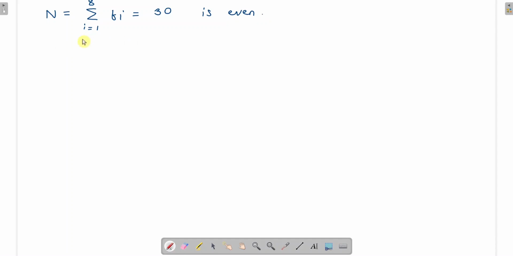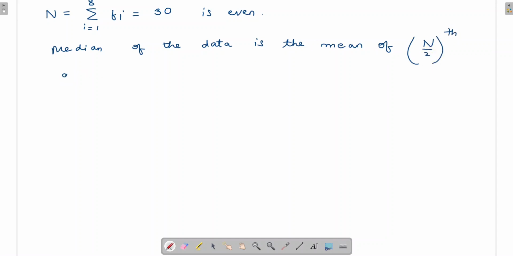For even, what happens if capital N is even? We have to find the median as follows. The median of the data is the mean of the capital N by 2th value and N by 2 plus 1th value or observation.